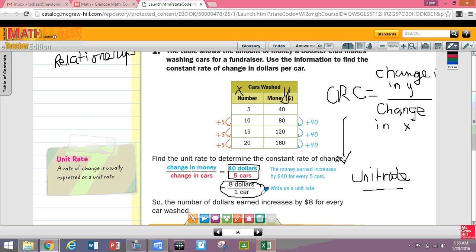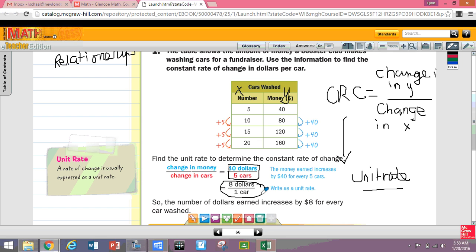Now, this book does something I don't necessarily agree with completely, in that they will allow you to put a decimal within this constant rate of change. Traditionally, it really should stay a fraction, an improper fraction, or a fraction that's just in lowest terms.